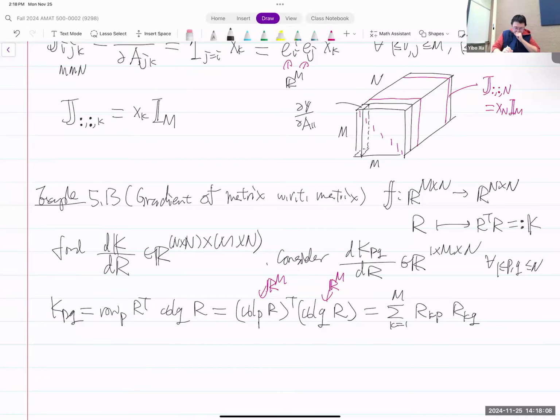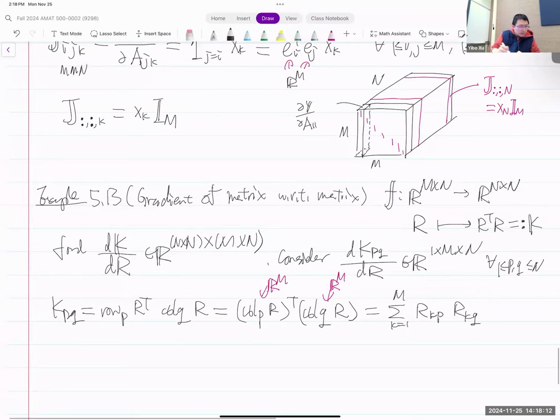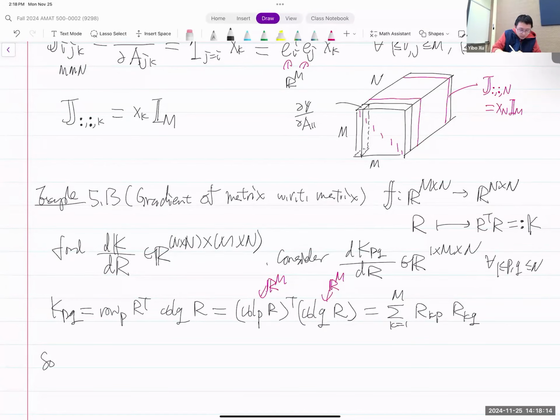Now, the computation. For the Jacobian entry PQIJ, we stick with PQ for the output indexing, and IJ is the input.